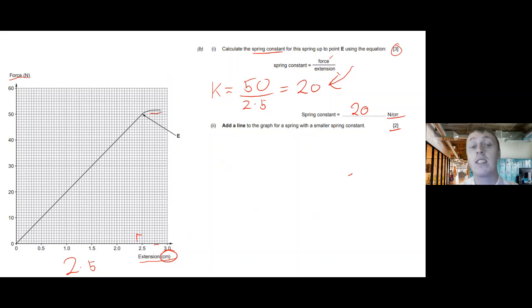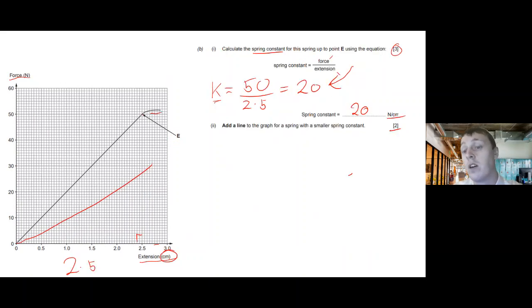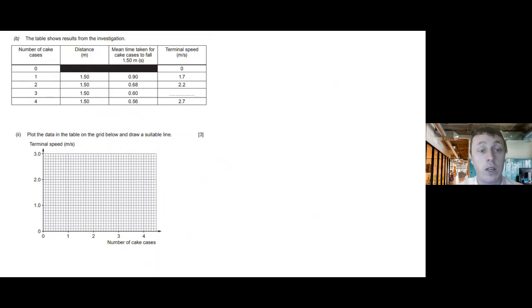If the gradient is smaller, if that K is smaller, then the line will be less steep for 2 marks. So overall, we've gone 1, 2, 3, I'll add another 3, 6, 7, 8 marks for graph skills on this one question. We can look at another one quite quickly.